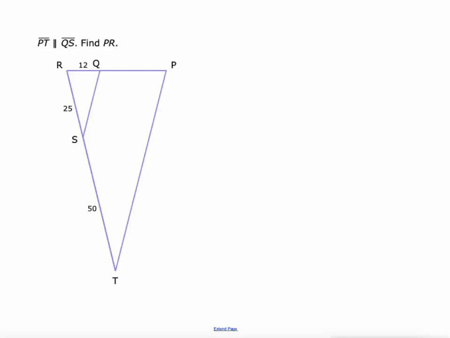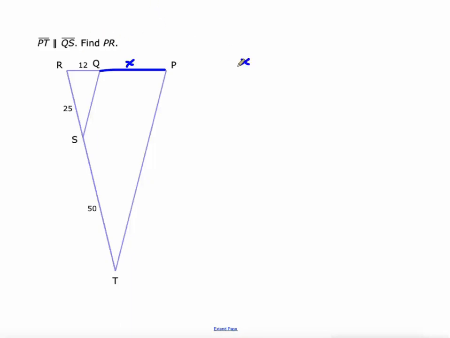All right, so now we've got something just slightly different because we're trying to find PR. So we're trying to find this entire length right here. So I think I'm going to treat this the same way, and I'm going to look for just this length, QP or PQ, and then I'll add that to 12, and that'll give me PR. All right, so here we go.